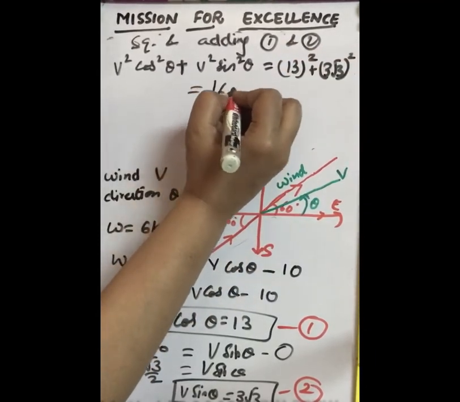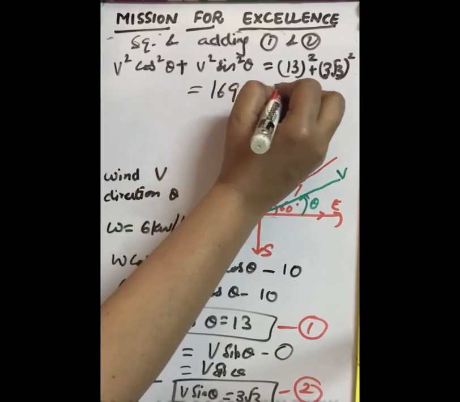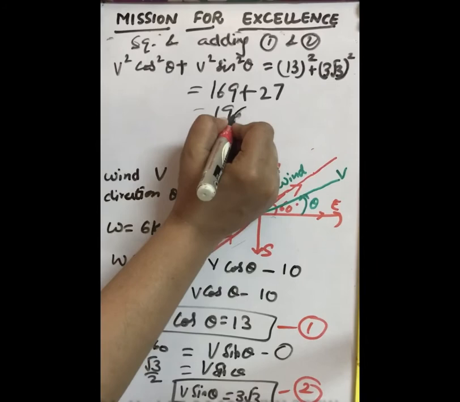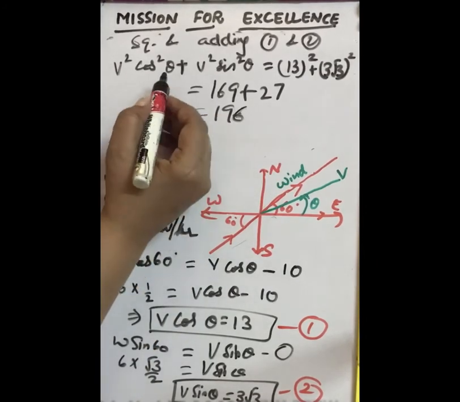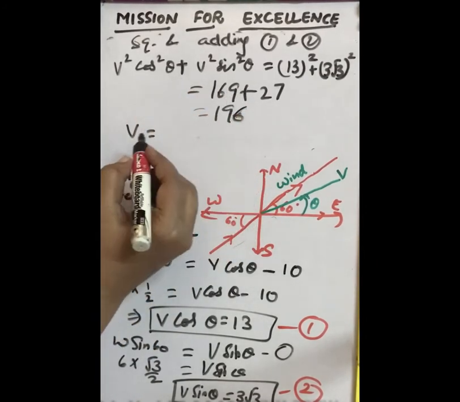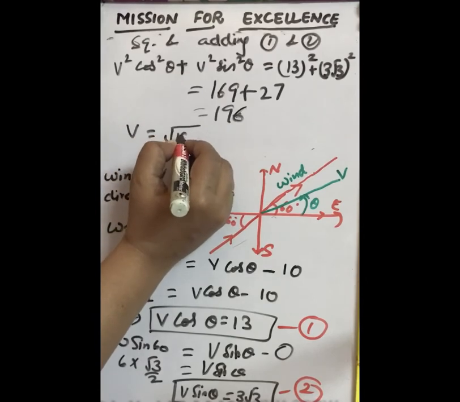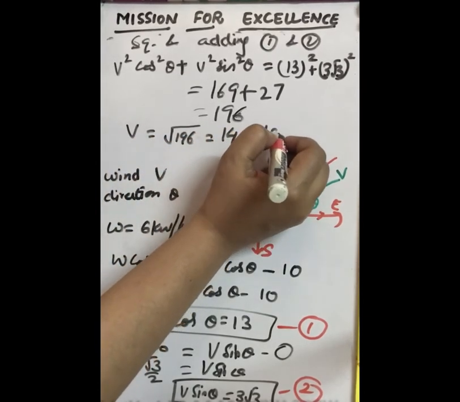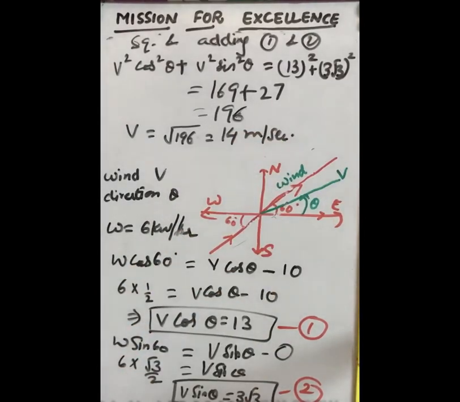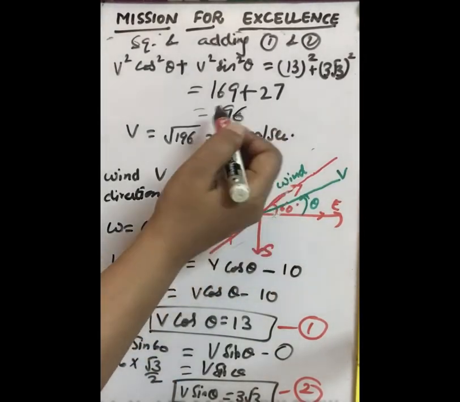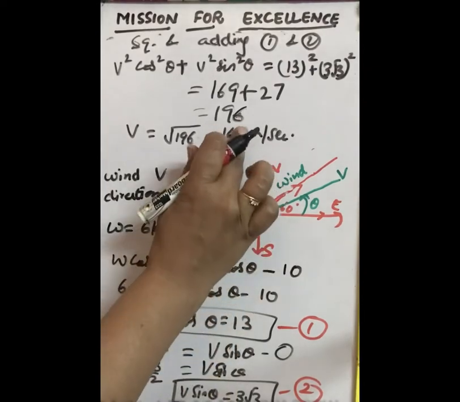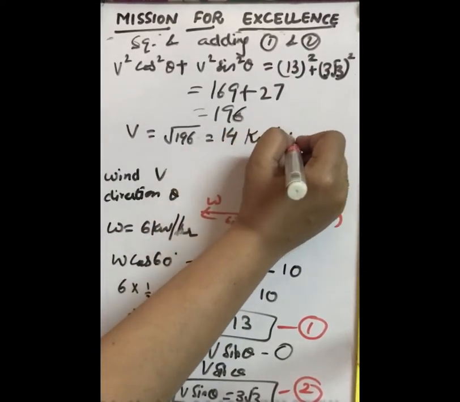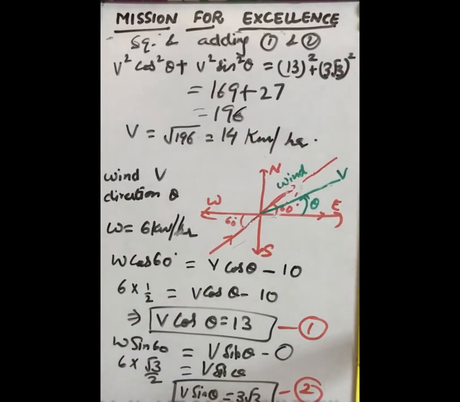So this is 169 plus 27, that is 196. Cos square plus sin square will become 1. So v comes out to be root 196, that is 14 kilometer per hour. This is the actual velocity of the wind. With this velocity, 14 kilometer per hour, the wind is blowing.